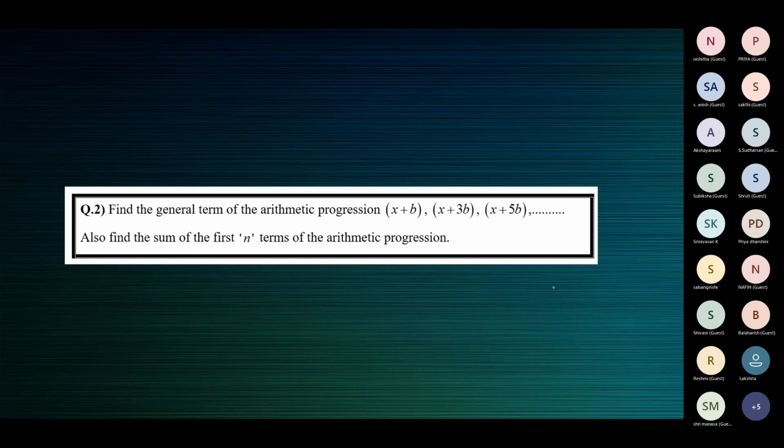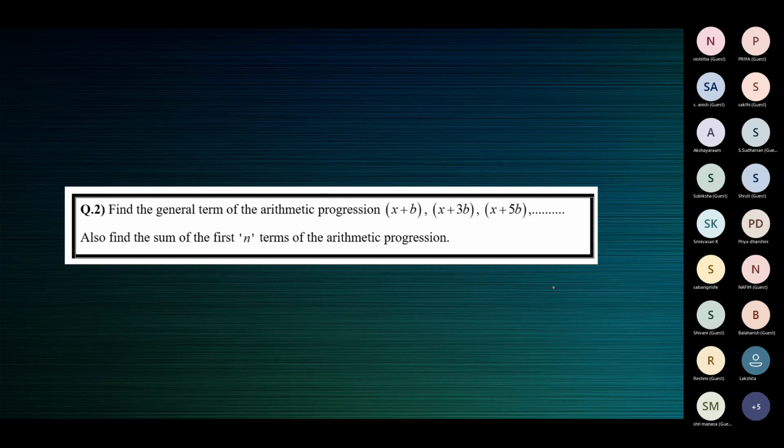So the question is how to find the general term of the AP. In the formula, the general term is given by an. General term means an, where n stays n.